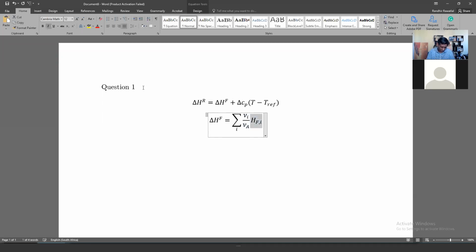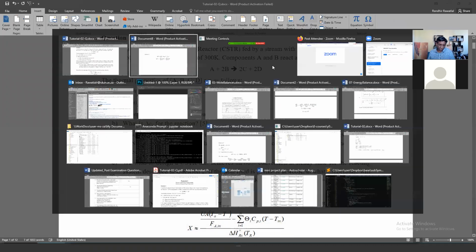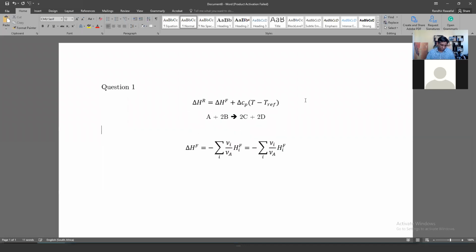So this is the heat of formation of component i, and that's products minus reactants. And of course, I'm missing a minus sign here. Right, so you can just rewrite this then as mu A over mu A. So you can write this for each of your species in the reaction.